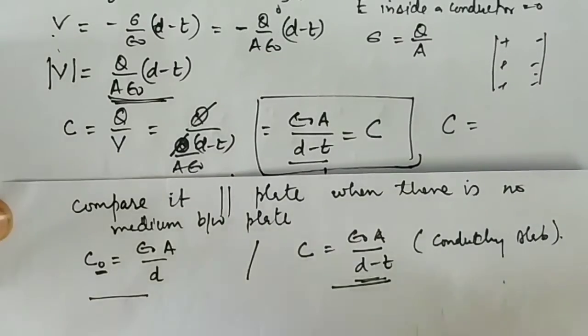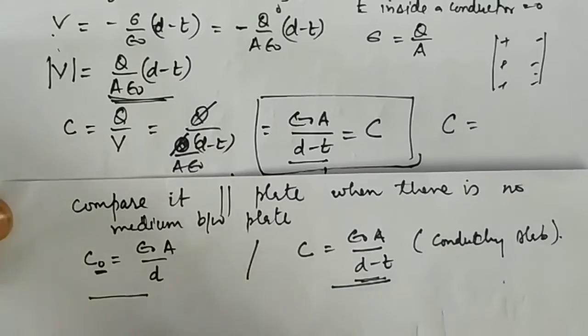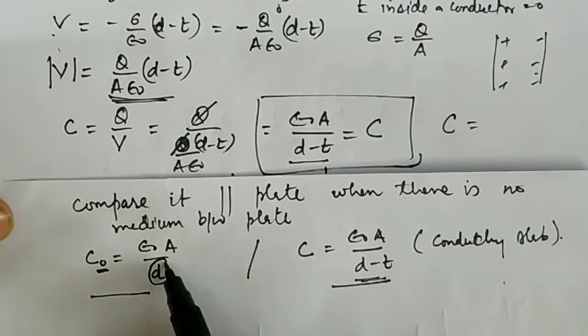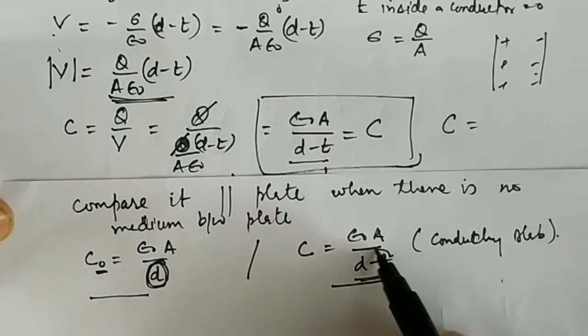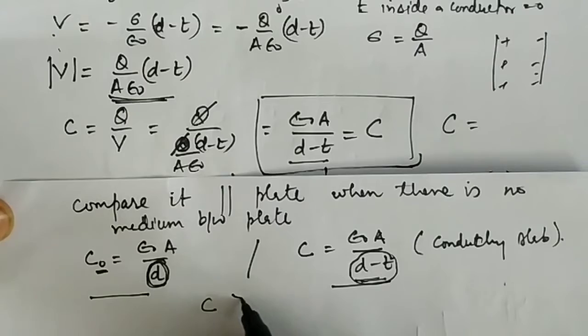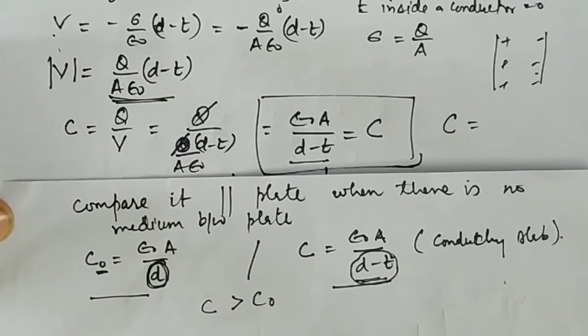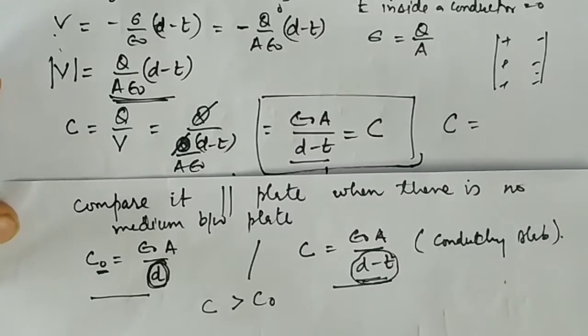By seeing this formula, we can see that the capacitance increases, because in C naught the denominator is d, which is more, while here the denominator is d minus t, which is less. So C is more than C naught, and the capacitance of the parallel plate capacitor is further enhanced.